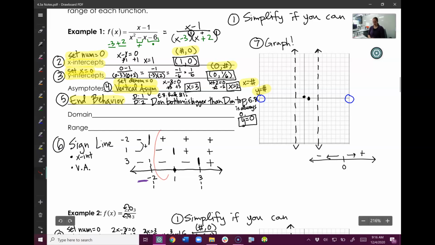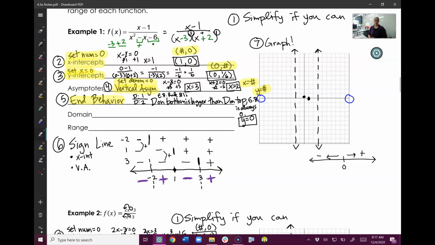Now I'm going to look at my next section. I have 2 negatives that will make a positive. And then I have a positive times a positive. So that's going to be a positive section. Next section, I have 2 positives, that'll stay a positive. But then I have a negative, that will turn that section into a negative. And in this last section, I've got 3 positives, so that will turn that section into a positive.